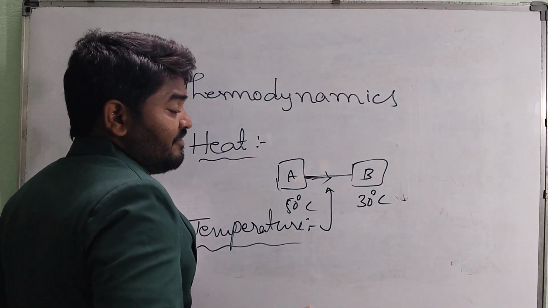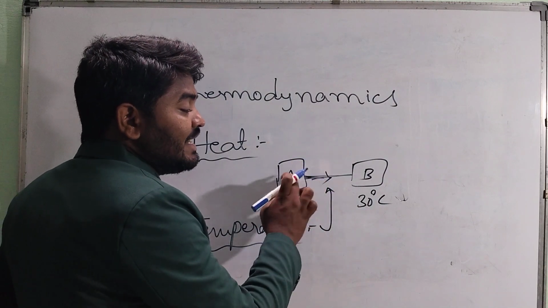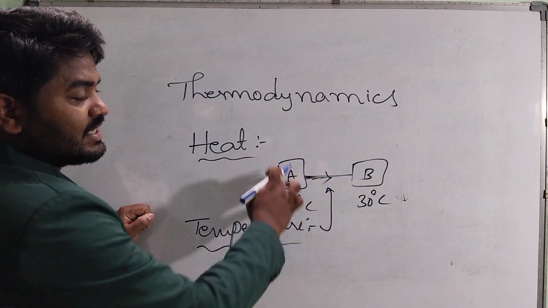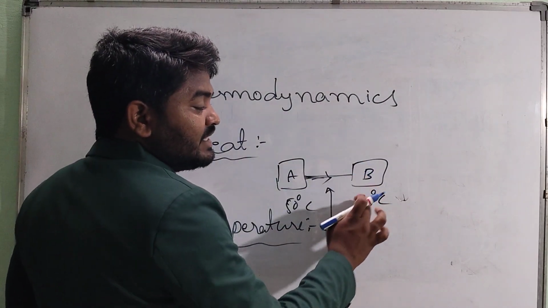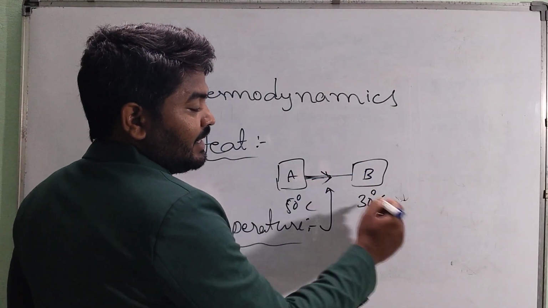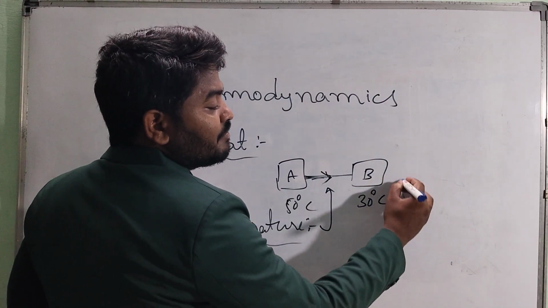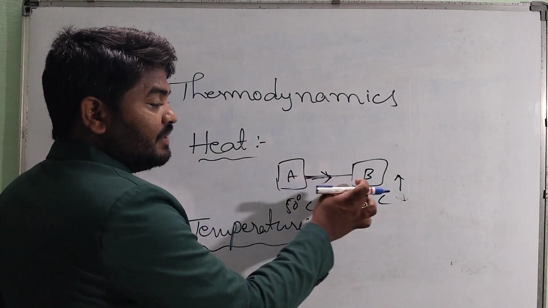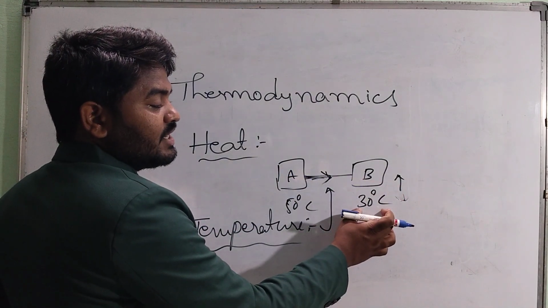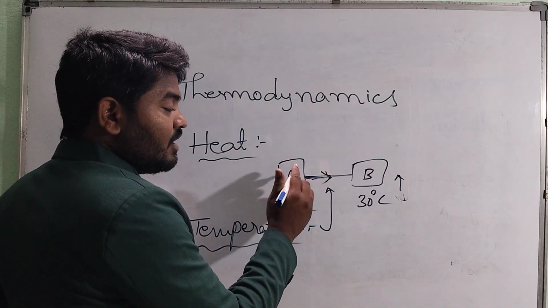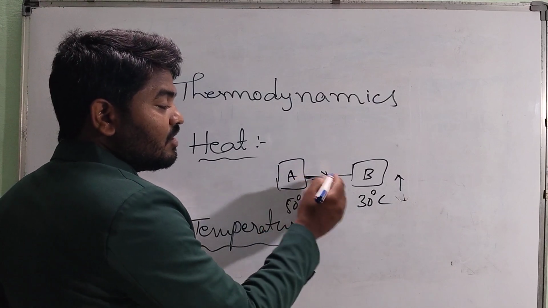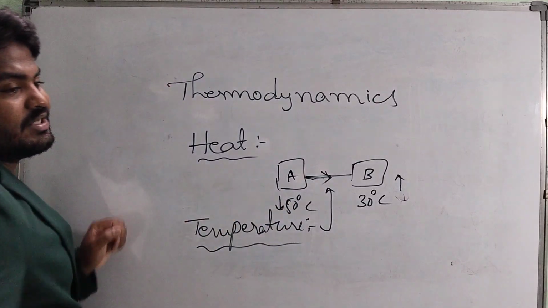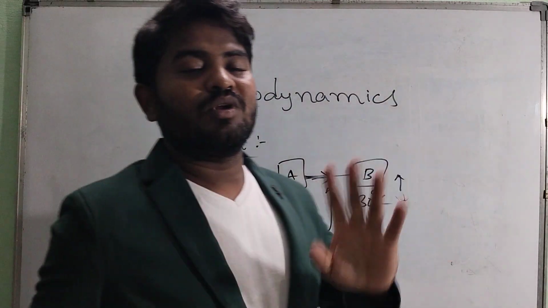And in the same way, whenever an object is losing heat energy, its temperature decreases. For example, in this condition, object B is gaining heat energy, so after a certain time its temperature is raised. Whereas object A is losing heat energy, so its temperature decreases after some time, right? So this is one of the important points.